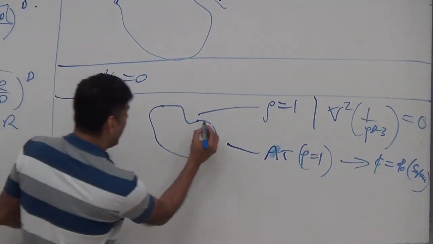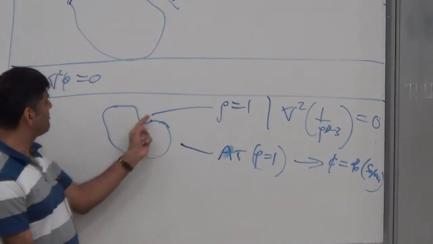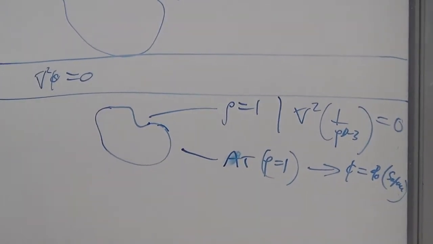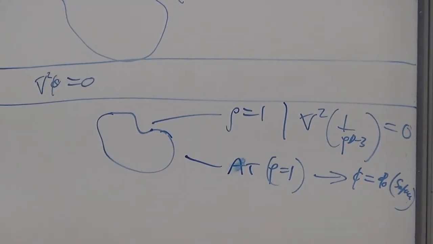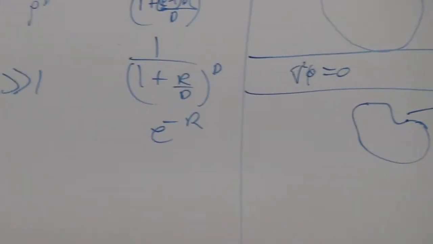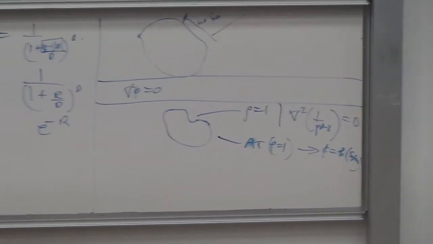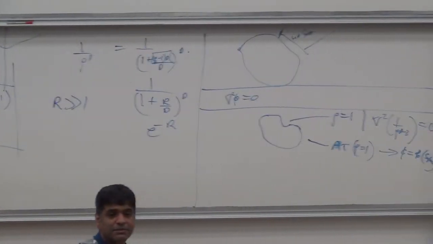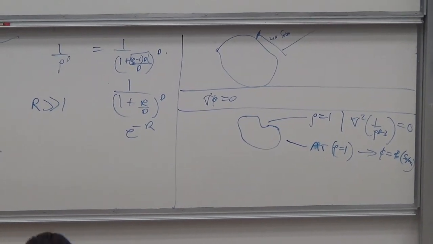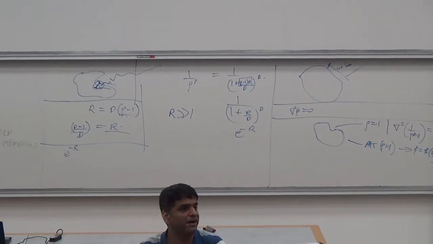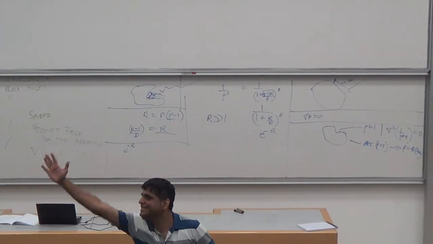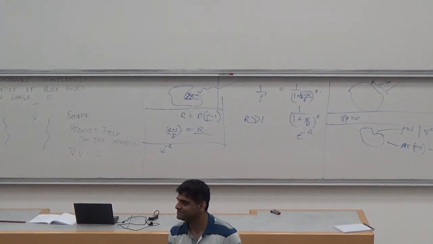So I've got a boundary value kind of problem. Let's suppose I know that my phi is some phi naught on this boundary. I'm now going to try to construct the most general solution of the equation del squared phi is equal to 0 that reduces to phi is equal to phi naught on this boundary, and then decays, becomes small at infinity.